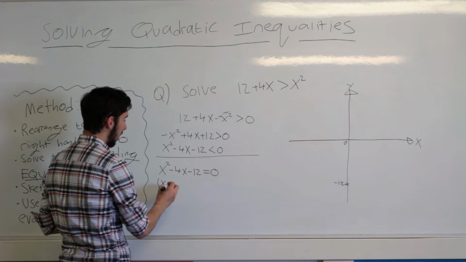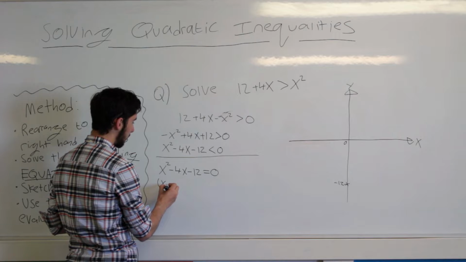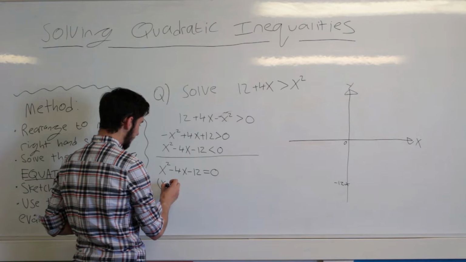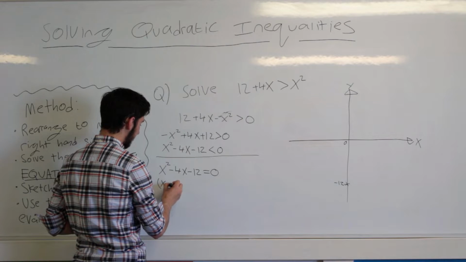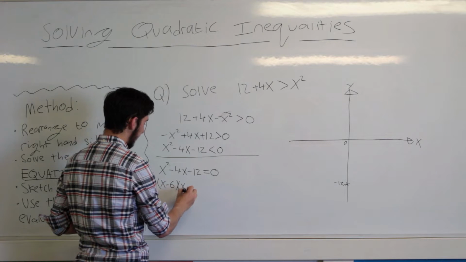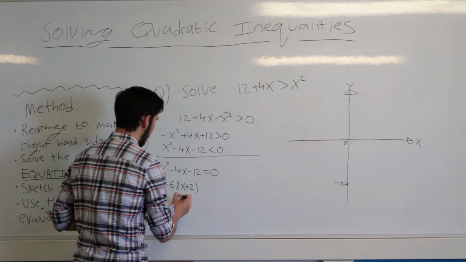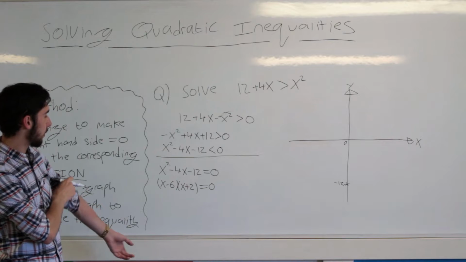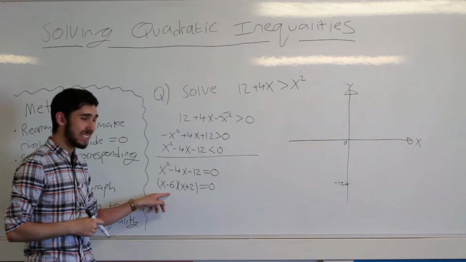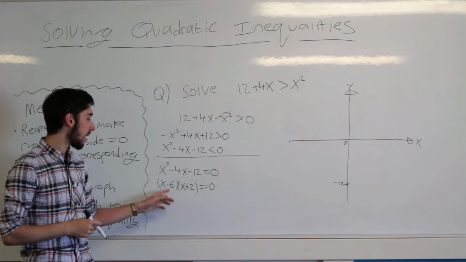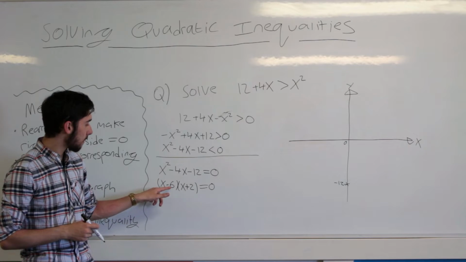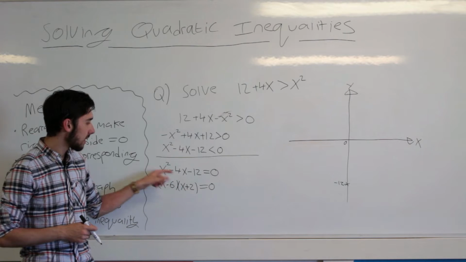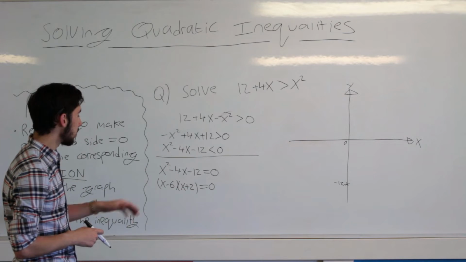I reckon it's going to be negative 6 and positive 2. That looks right to me, and that's still equal to 0, okay? So the factorized version of this is x minus 6 times x plus 2. The reason for that is simply because negative 6 times 2 is negative 12. Negative 6 plus 2 is negative 4, okay? Perfect. So this is the factorized version.